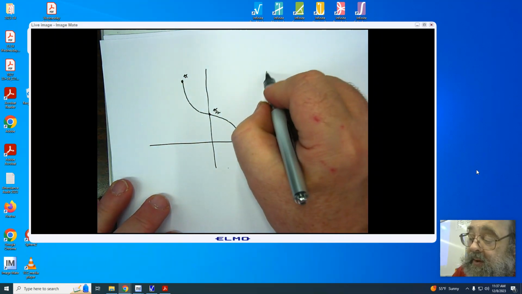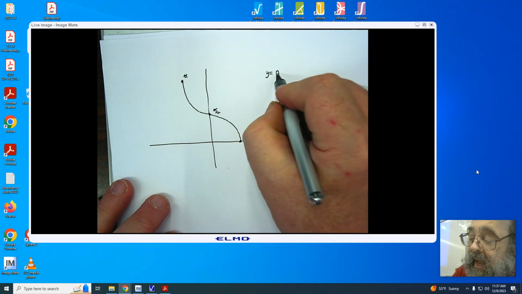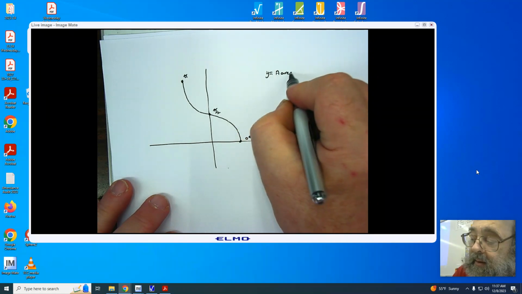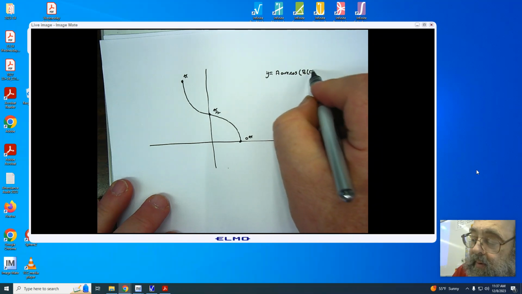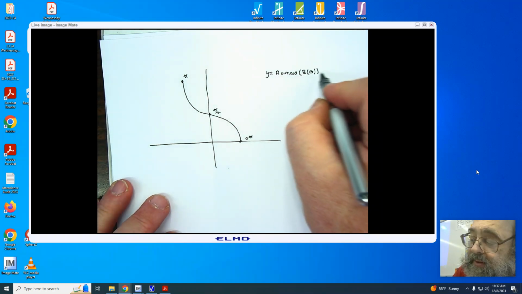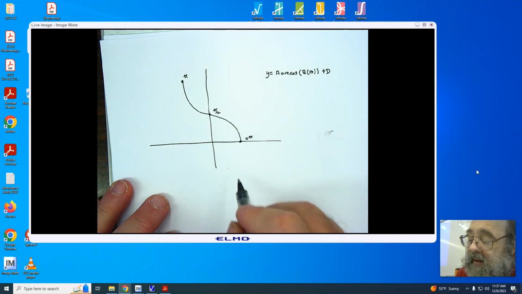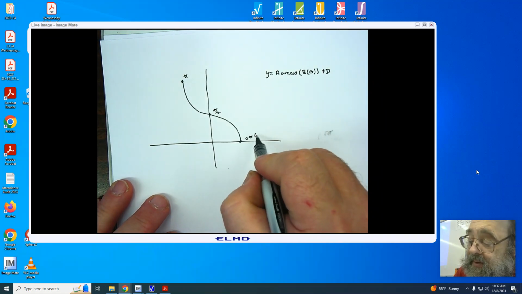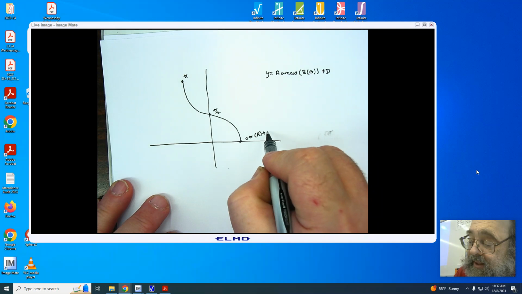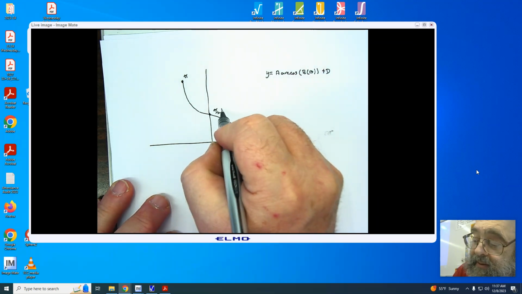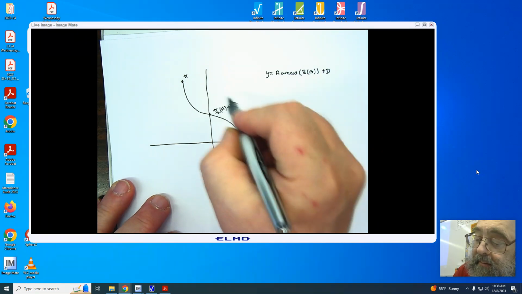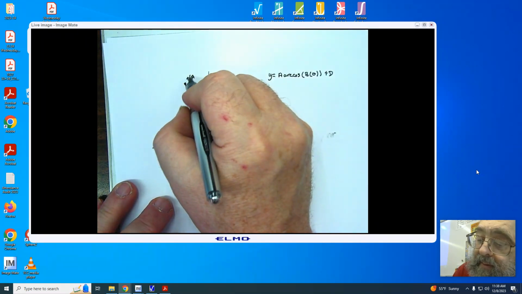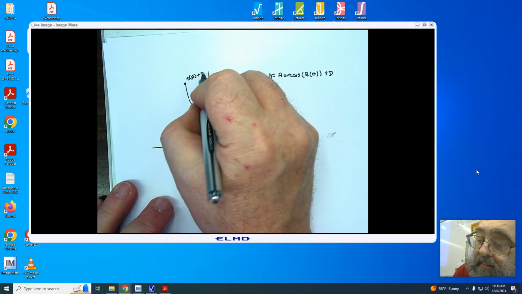Now, the formula we're using is y equals a arccosine of our b. And once again, we're not putting in our c value, so we have d. That means that this is also times a plus d. This is times a plus d. And this is times a plus d.